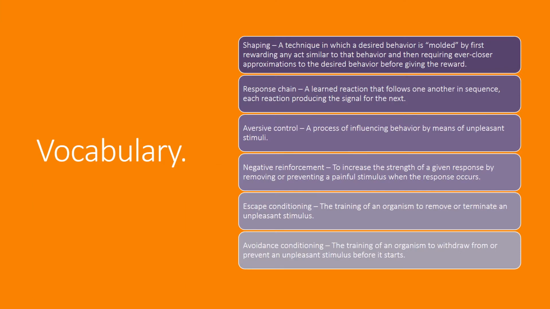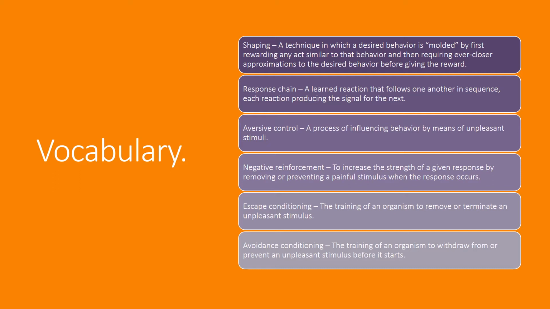Some vocabulary here. Shaping is a technique in which a desired behavior is molded by first rewarding any act similar to that behavior and then requiring ever closer approximations to the desired behavior before giving the reward. Response chain, a learned reaction that follows one another in sequence, each reaction producing the signal for the next. Aversive control is a process of influencing behavior by means of unpleasant stimuli.